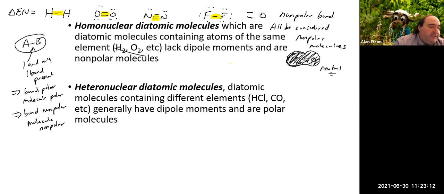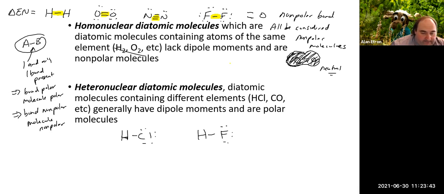Now, this does change in a lot of cases when we go to a heteronuclear diatomic molecule. Heteronuclear is like a heterogeneous mixture, which means you see different layers. It means we have different elements involved. Still only two atoms, but from different elements. We've seen a couple, for example, like HCl and HF, which we saw on the previous page as well.